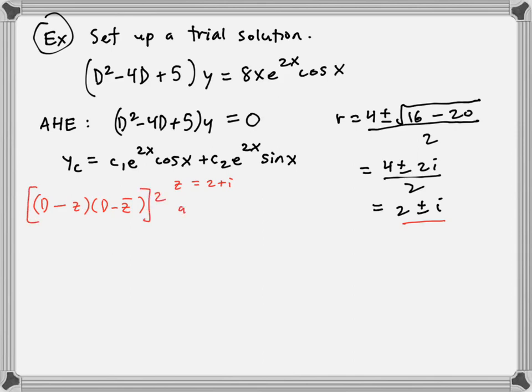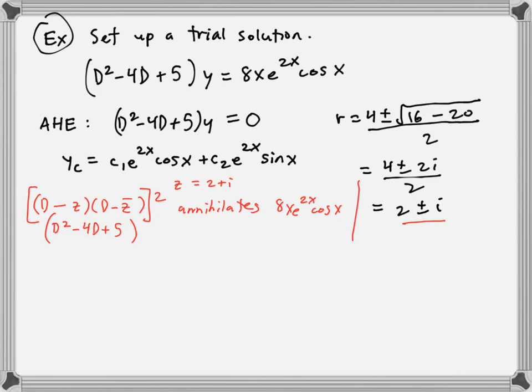So this guy annihilates x e to the 2x cosine x. But what is that, guys? This is exactly the guy that I already had to start off with. I know that because when I solved it, I got those exact same imaginary numbers.